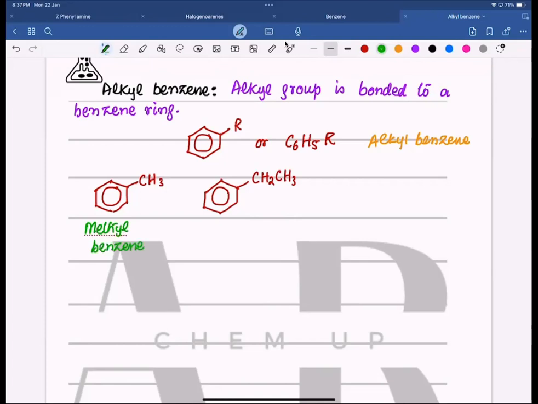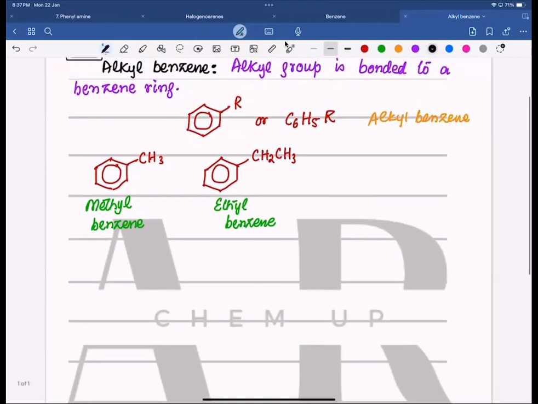This one is ethyl benzene. Is this clear?